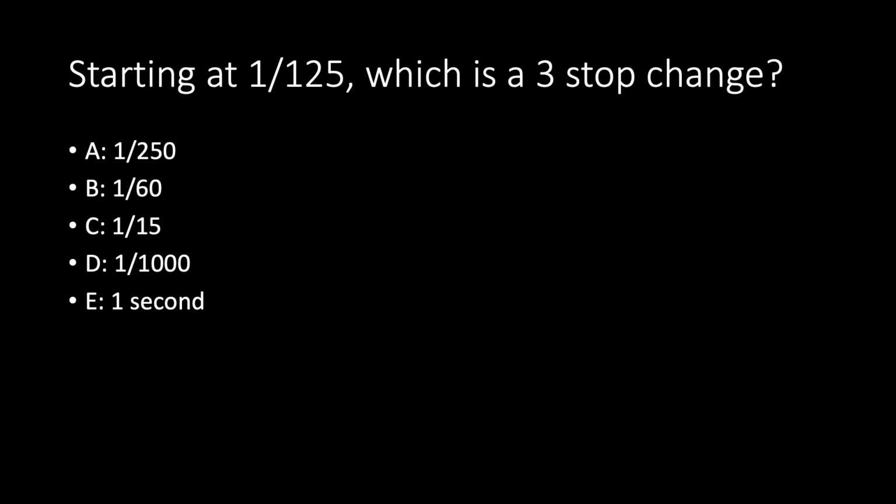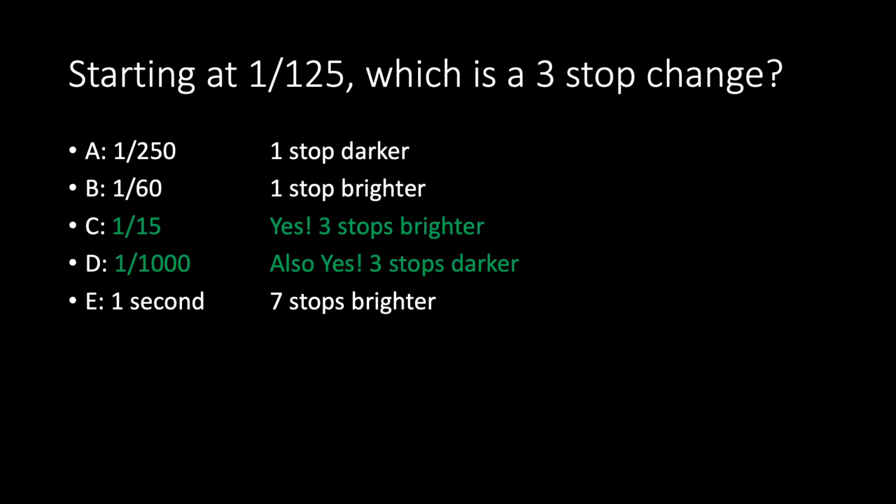All right, let's have a look at the answers. So our answers are C and D are each 3 stops different, C being 3 stops brighter, D being 3 stops darker. So you can take your stop change and go either direction and have it be a 3-stop change.